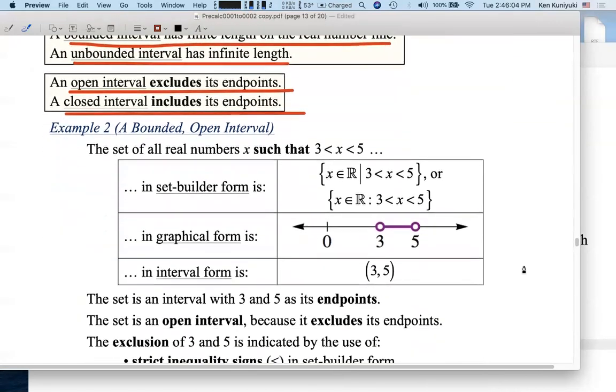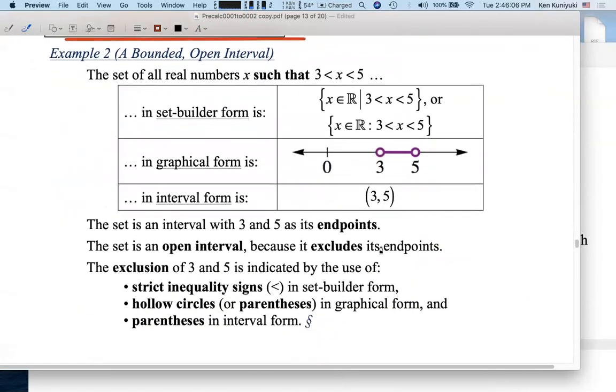So for example, consider the set of all real numbers x such that x is strictly between 3 and 5. This leads to what we call a bounded open interval.